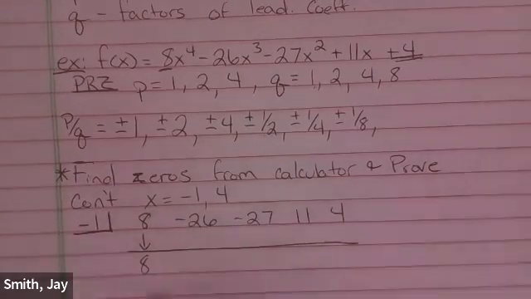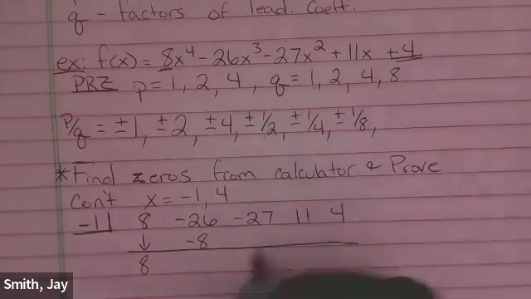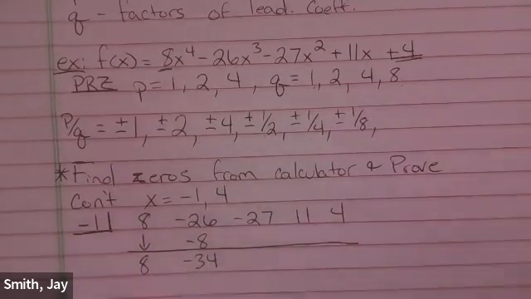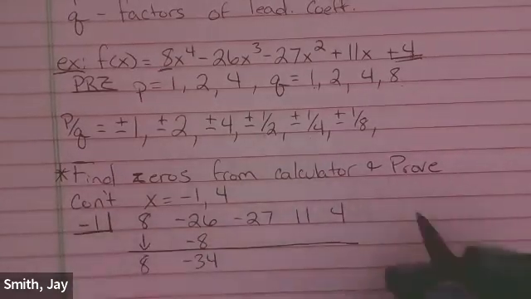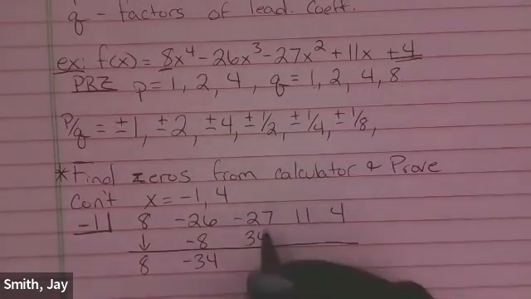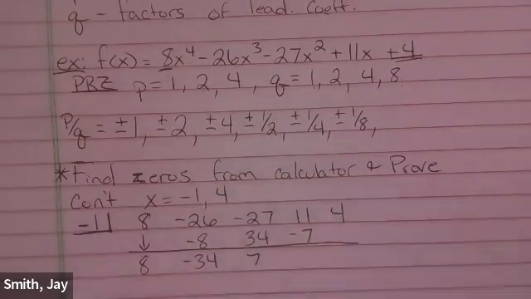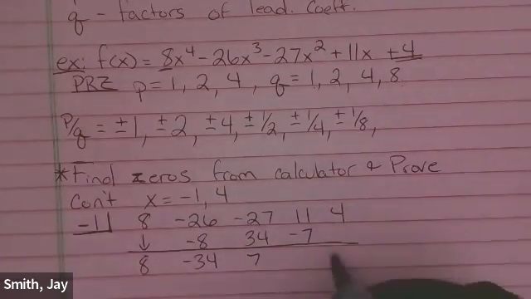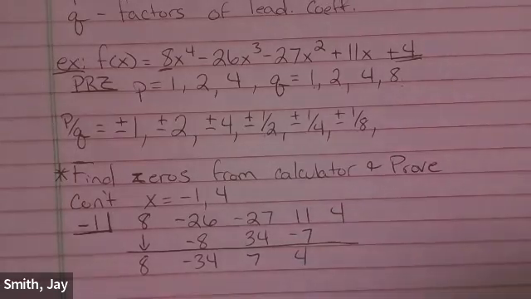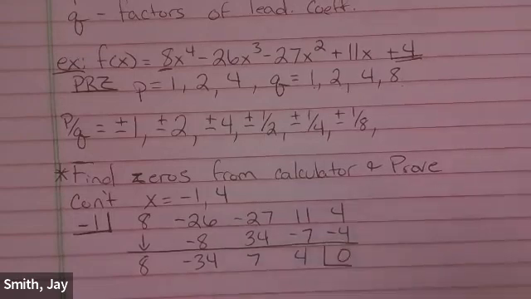Bring down our 8. 8 times -1 will give me -8. -26 minus 8 will give me -34. -34 times -1 will give me a +34. -27 plus 34 will give me a +7. 7 times -1 will give me a -7. 11 plus a -7 will give me a +4. 4 times -1 will give me a -4, which in turn gives me a remainder of 0.